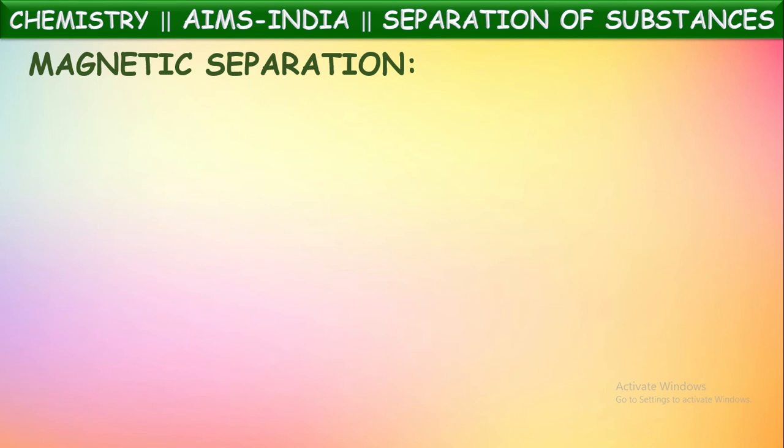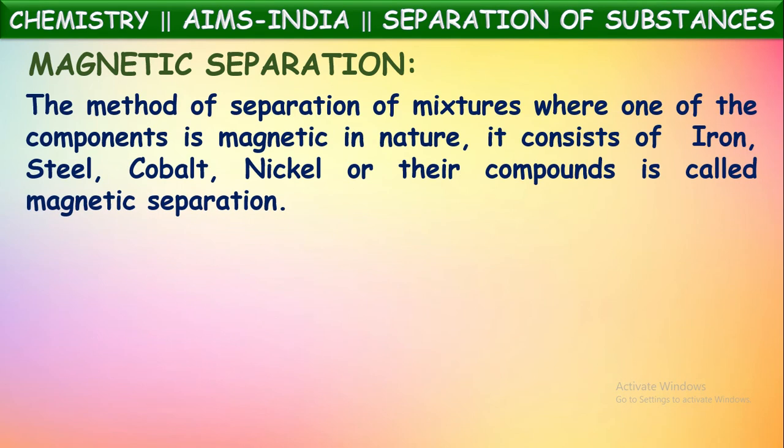Next technique, magnetic separation. It is the method of separation of mixtures where one of the components is magnetic in nature. It consists of iron, steel, cobalt, nickel, or any other compounds of those substances which are magnetic in nature. In the magnetic separation technique we can separate the magnetic compounds from the non-magnetic substances.